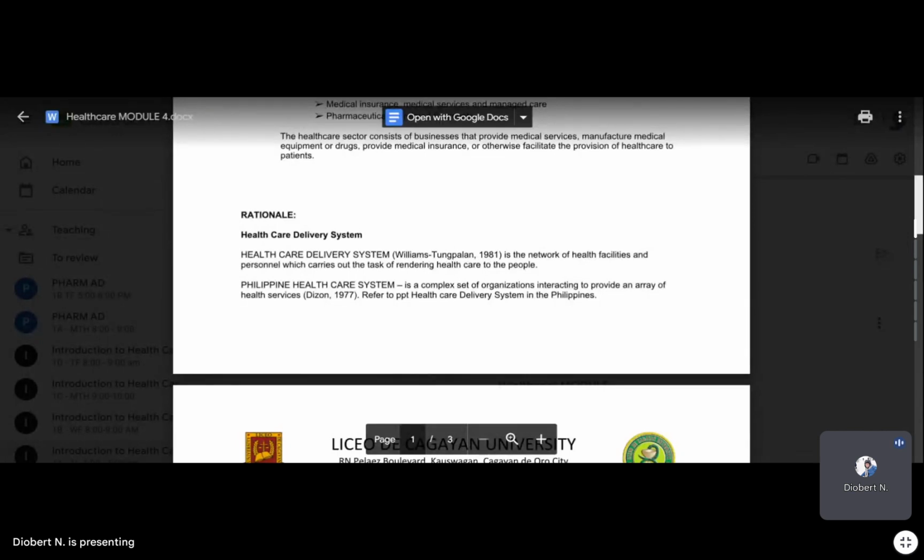Okay, guys, remember the medical professionals cannot deliver quality healthcare service without the three components of healthcare. And these three components of healthcare make up the healthcare system in the Philippines. Just to complete it, the definition of the Philippine healthcare system: it is a complex set of organizations interacting to provide an array of health services in the Philippines.